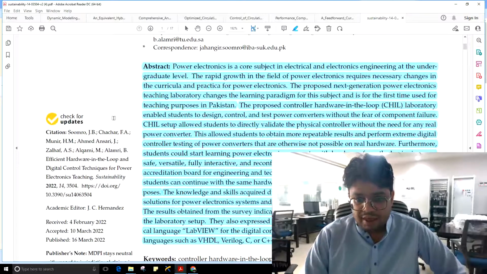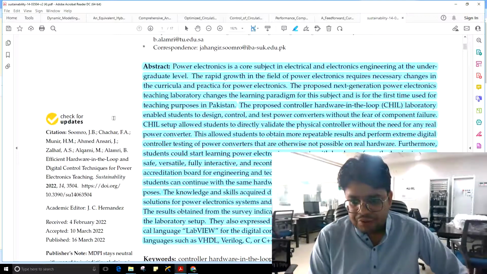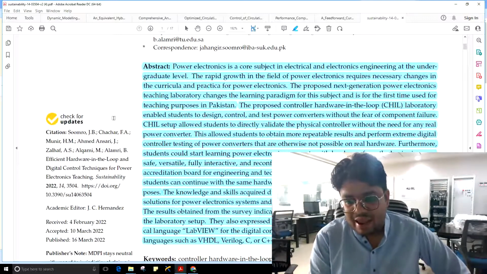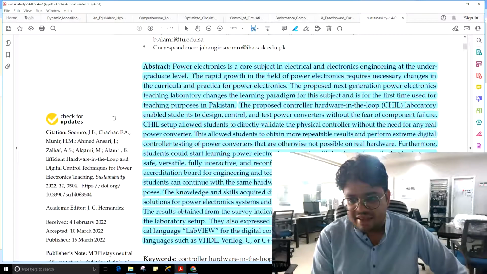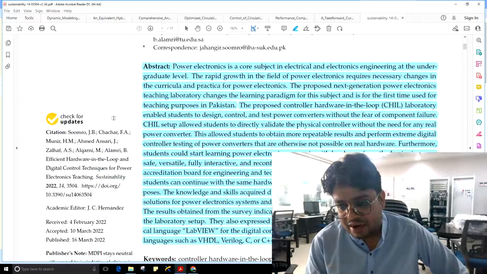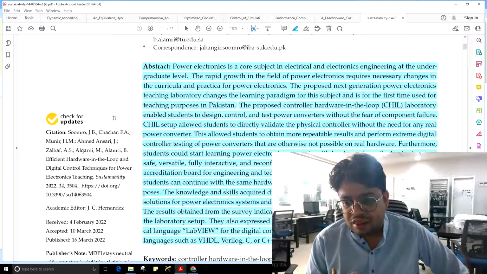So suppose you have a real hardware and the controller is not properly tuned or programmed, or the controller has issues, then it will damage the real hardware. But this is not the case in the CHIL laboratory because it is not connected to a real power converter, but it is connected to a simulated converter.